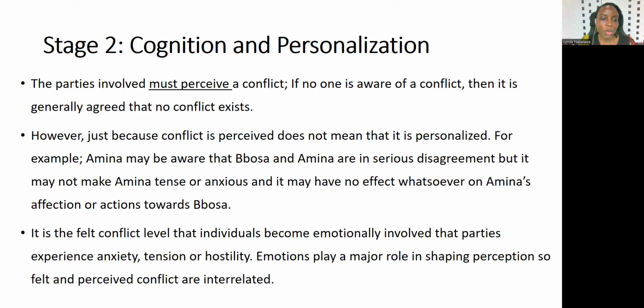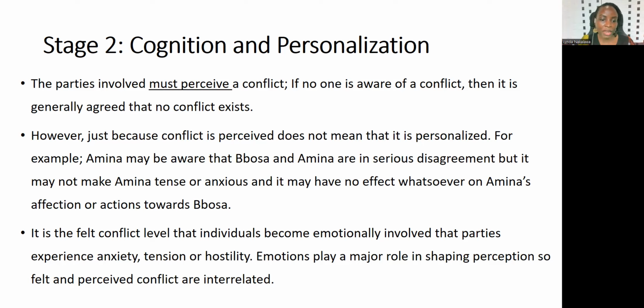Okay, it is only when we move from the perception to feelings. Down here, what we are talking about, felt conflict level, that individuals may become emotionally involved and parties experience anxiety, tension, or hostility. Emotions play a really big role in shaping perception.